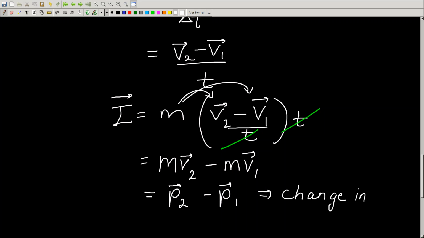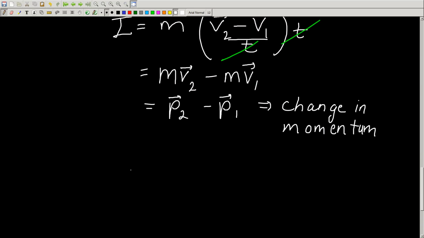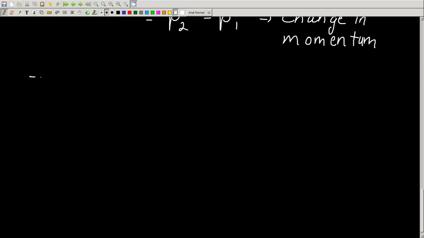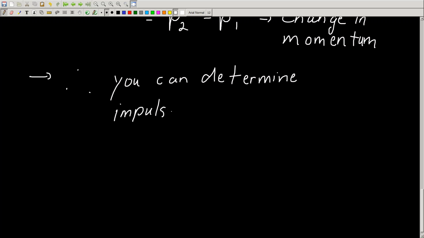Okay, so I've derived it, and now I've demonstrated that there are actually two formulas for the impulse. So therefore, you can determine impulse, or the change in momentum caused by some force, through two equations.